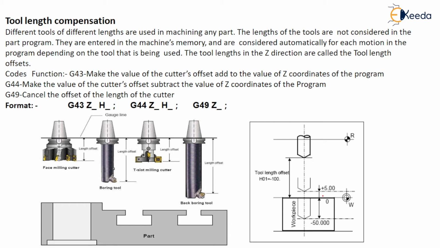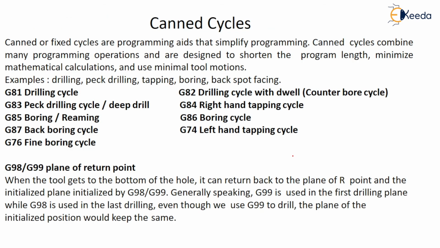So most of the time we have to use G49 to cancel the offset of the length of the cutter and G43 to add the cutter offset to the value of the Z coordinate. Okay. So the H value depends on that. The H value is nothing but the tool length offset calculated from the workpiece, and that is automatically calculated.